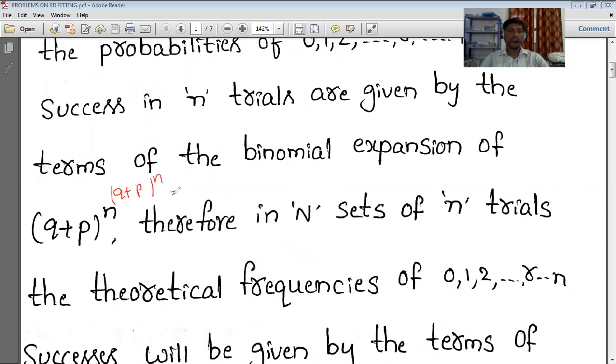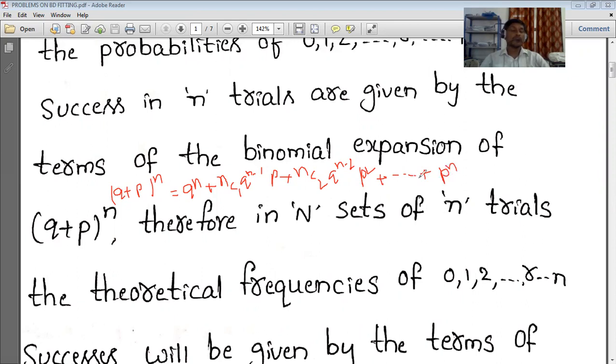By the binomial theorem, we can write q power n plus nC1 q power n minus 1 into p, plus nC2 q power n minus 2 p square, and so on, plus nCn, which is 1, times q power n minus n, which is 1, times p power n.